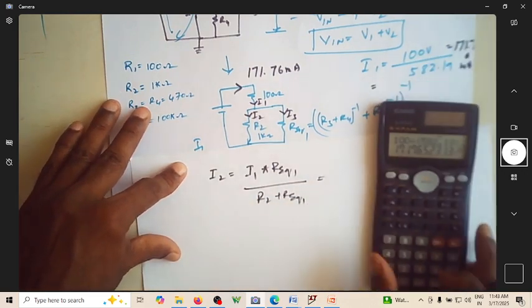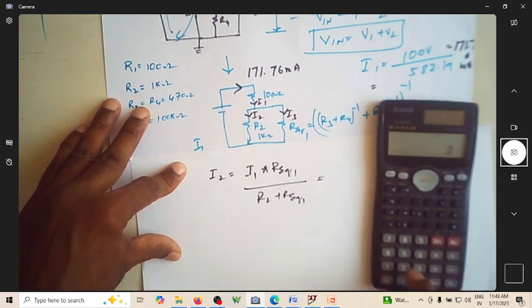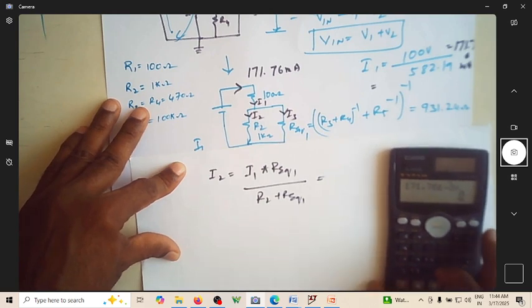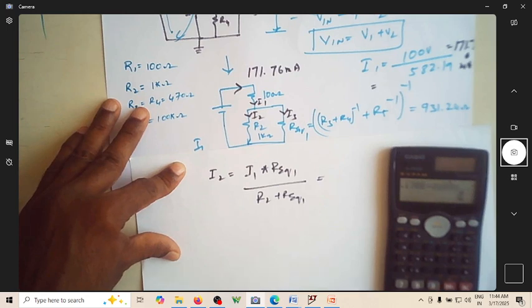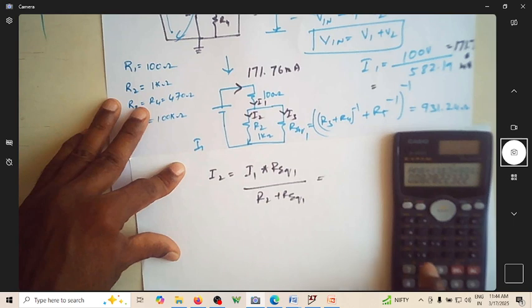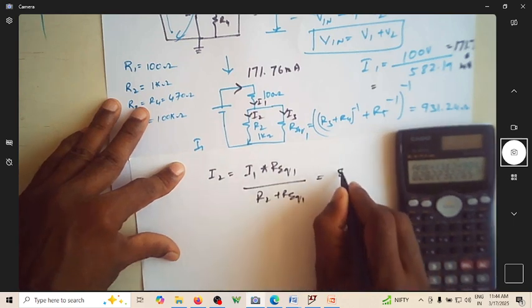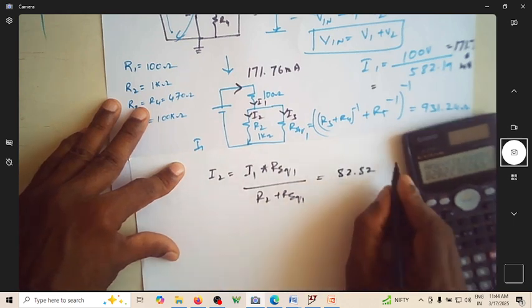That is 171.76 exponential minus 3 multiplied by 931.24, divided by 1 exponential 3 plus 931.24. If I close it, you can see now it is 82.82 milliampere.